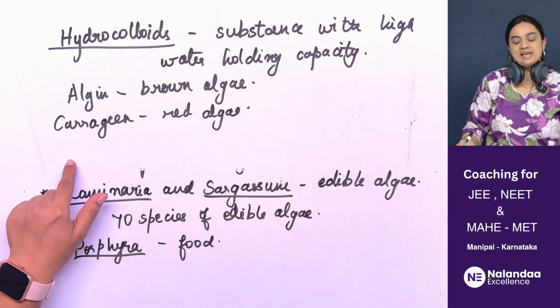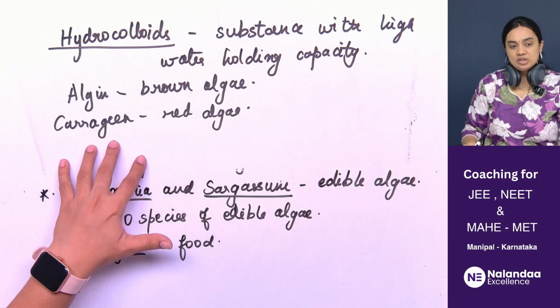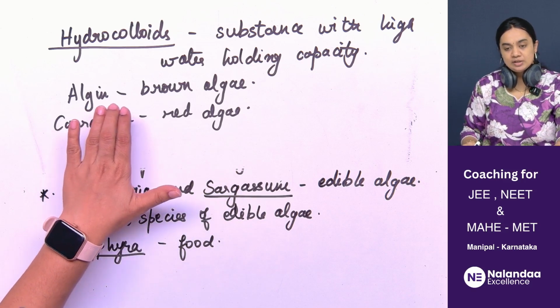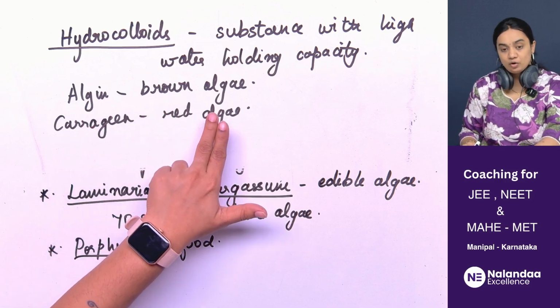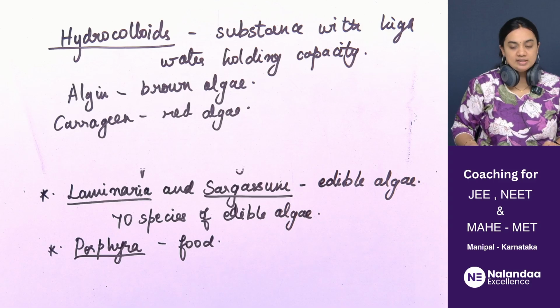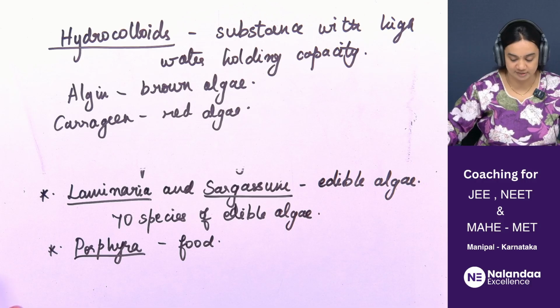So remember it like this: carrageen has R for red algae. Okay, carrageen is a hydrocolloid that is extracted from red algae, and algin is a hydrocolloid that is extracted from brown algae. Is this clear? So these are water holding substances or hydrocolloids.